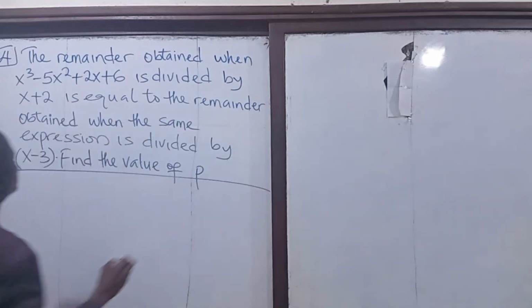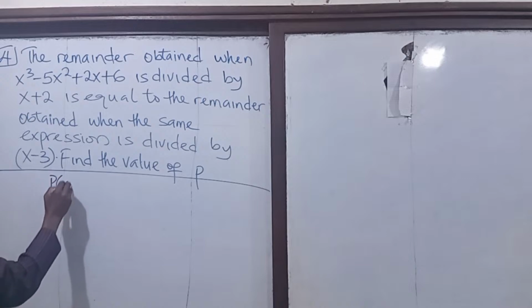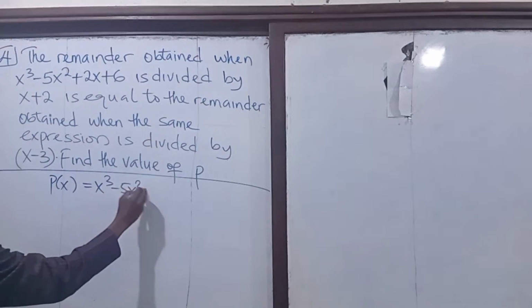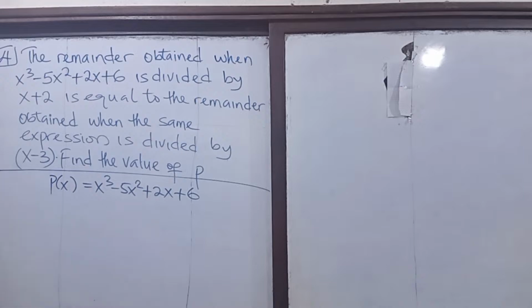We are told that the polynomial, we can call it p of x, is this expression. So that's the polynomial. When it's divided by x plus 2, the remainder is obtained.